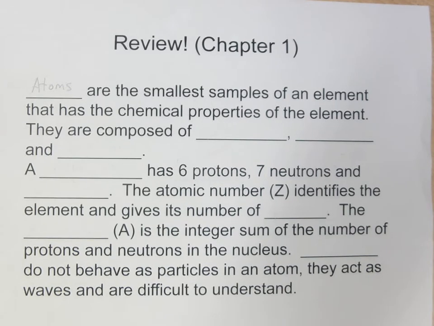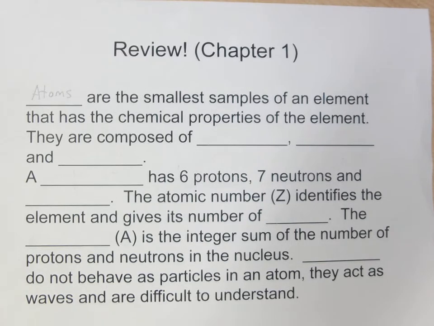They used to think you couldn't break an atom, but we can break it. It really breaks it, and it stops having its properties if you break it. But you could take a sample of thousands of atoms of carbon and make them smaller and smaller until we get to one atom of carbon, and that's the smallest piece that will have the chemical properties of carbon.